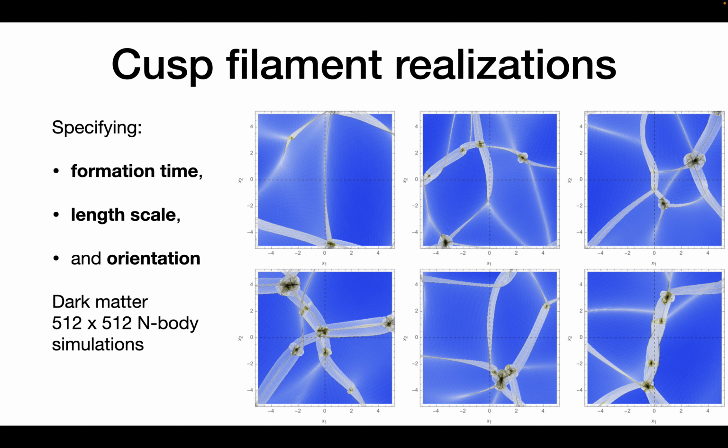So if you set up these conditions and set the scale at which these filaments form, the formation time at which these filaments form, and run the N-body simulations, then you see that you get a filament every time in the center of the box where the dotted black lines cross. And this is a very nice result because now you have control over the formation of these filaments from the initial conditions. So you have complete analytic understanding why an element becomes a filament or doesn't become a filament.